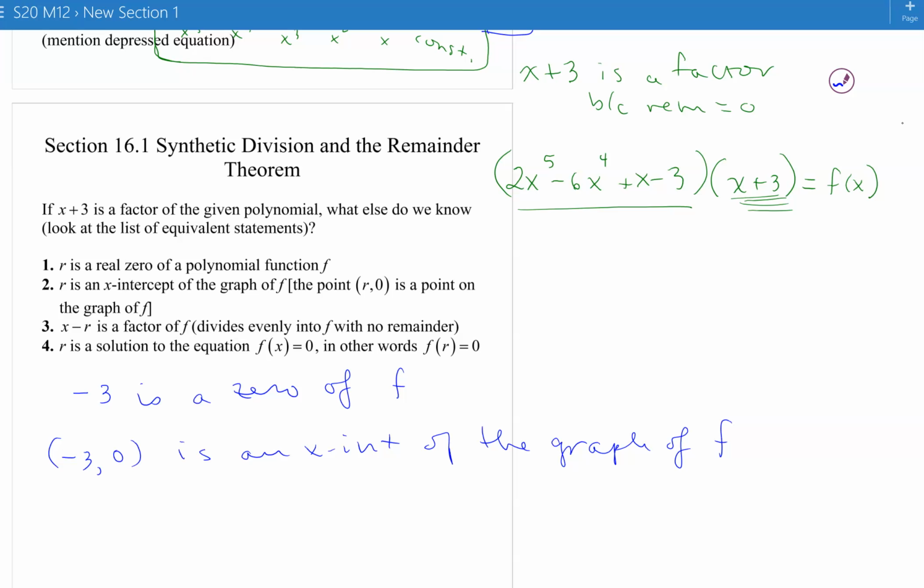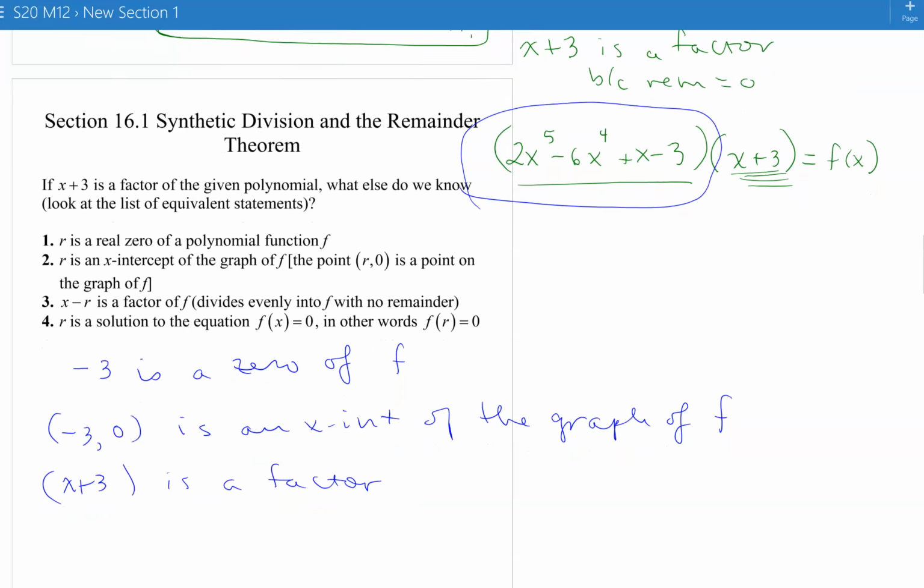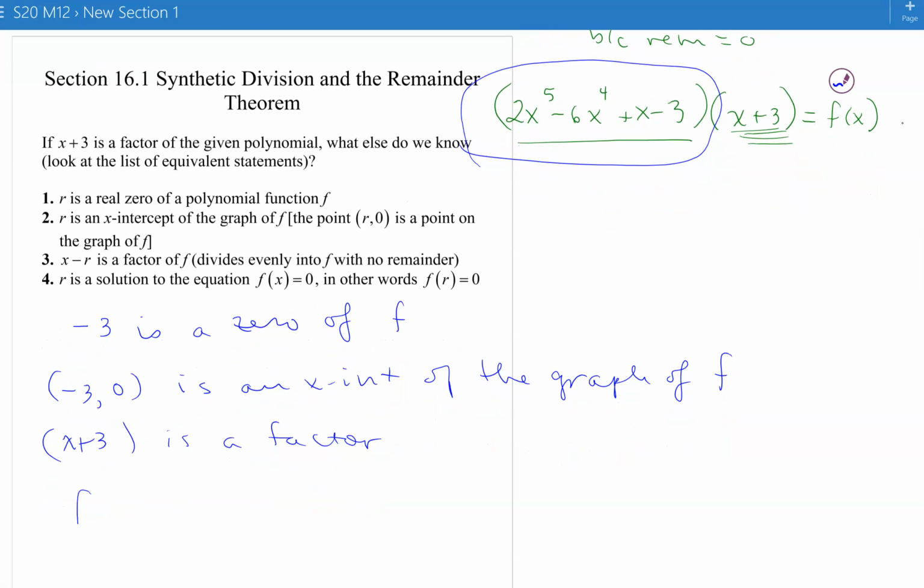So if we were graphing it, that would be really helpful to know. X plus 3 is a factor because it divided evenly. So then we also knew the other factor with the quotient. And then we also know that f of -3 equals 0.